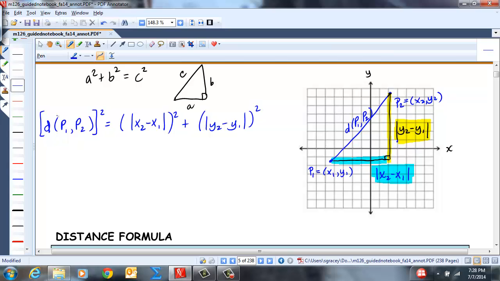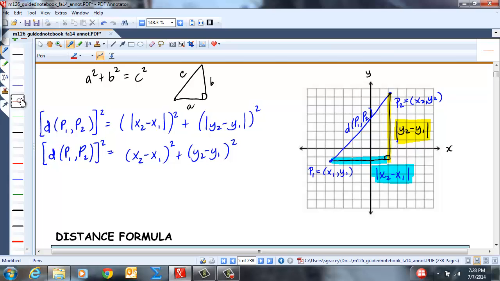So this distance between P1 and P2 squared is just x2 minus x1, the quantity squared, plus y2 minus y1, the quantity squared.